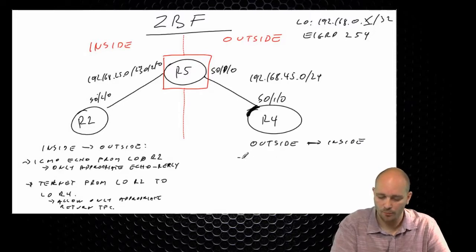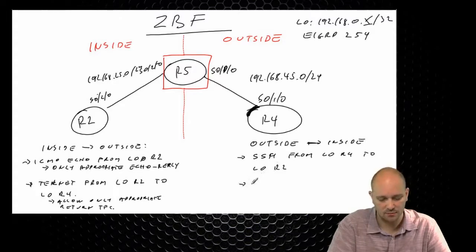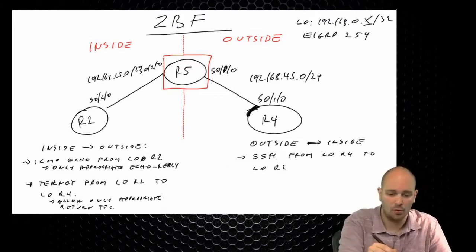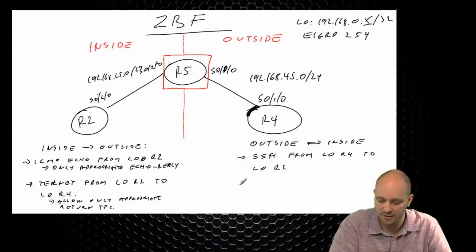I want to allow SSH from loopback 0 of R4 to loopback 0 of R2, and I want to have, let's say in this case, unrestricted. Actually, no, let's just do that. Just very, very simple stuff. Now, also what I want to do is that, let's add that bit into the mix.